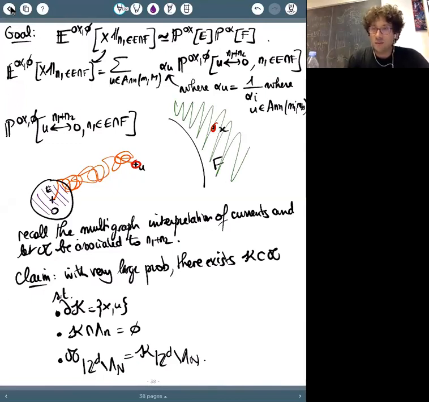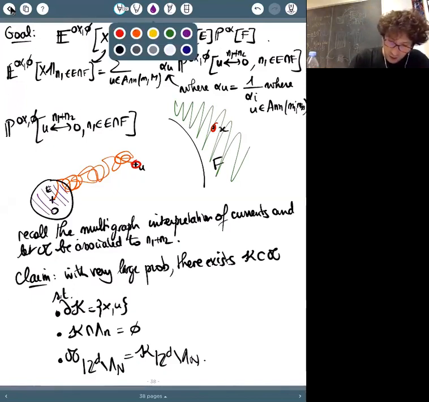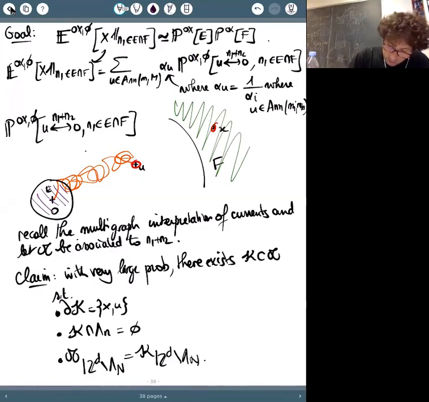I let you think about it. The only way such a current doesn't exist is if there exist two different clusters in the current, either there or there.